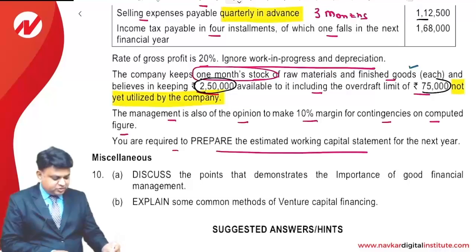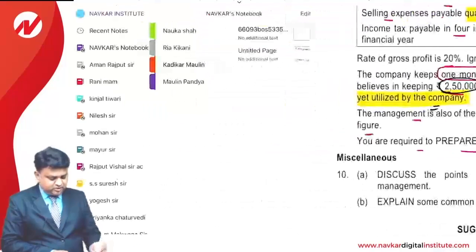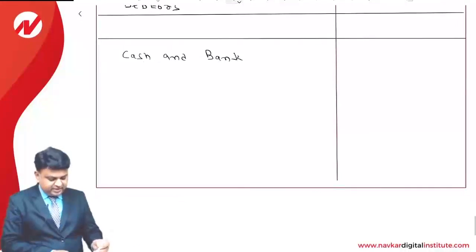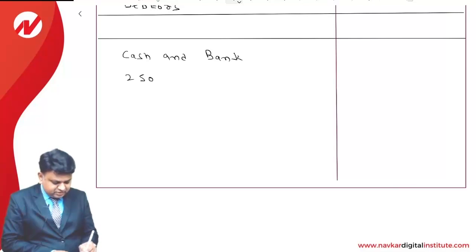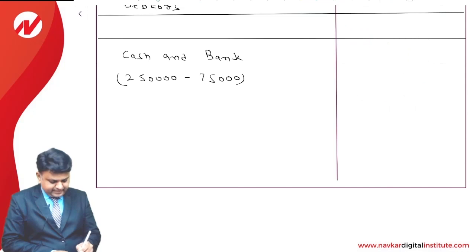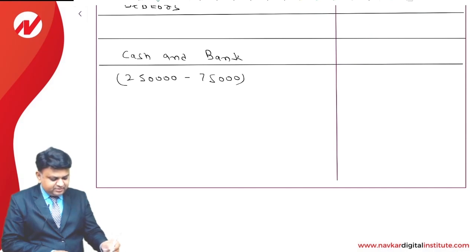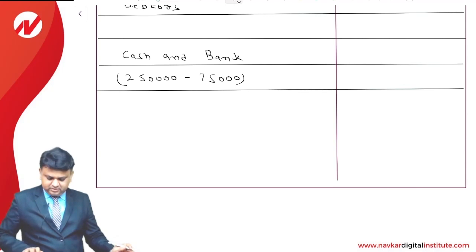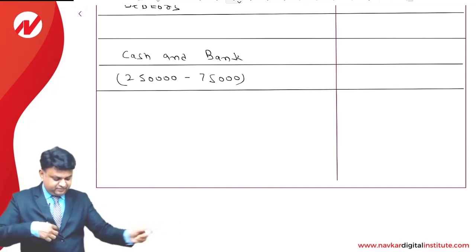However, 75,000 rupees is the OD limit which has not been utilized by the company. So the amount of the cash balance that we need to maintain is 2,50,000 minus the amount of the bank overdraft which has not been utilized by us, because that amount is available to us at any point of time. So 2,50,000 minus 75,000 comes to 1,75,000.